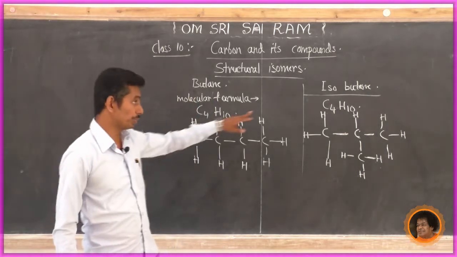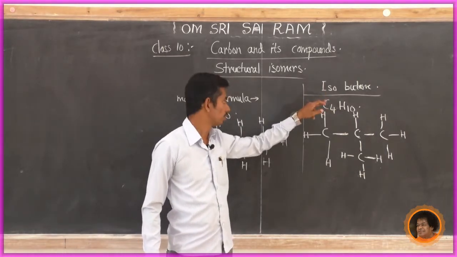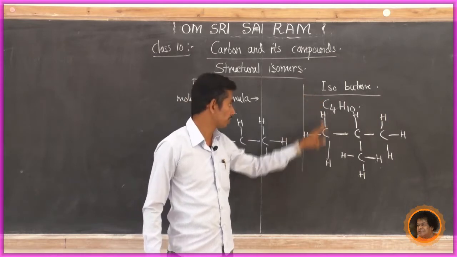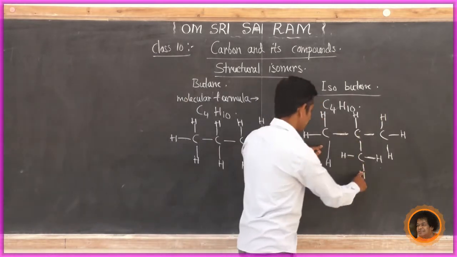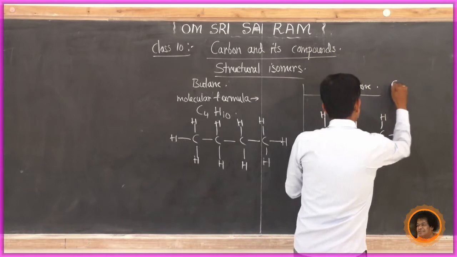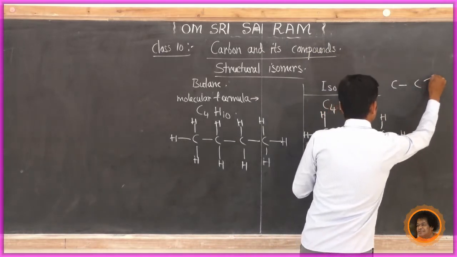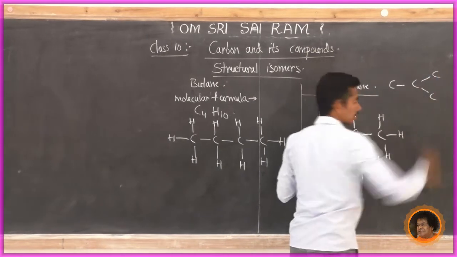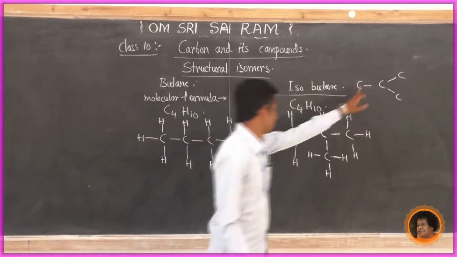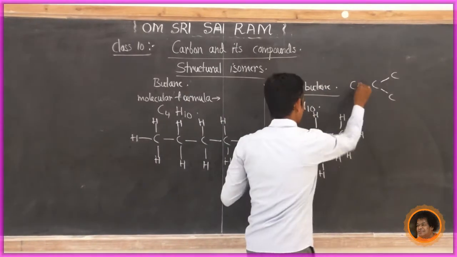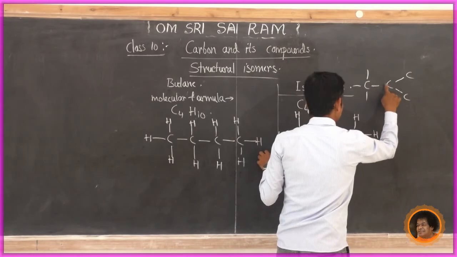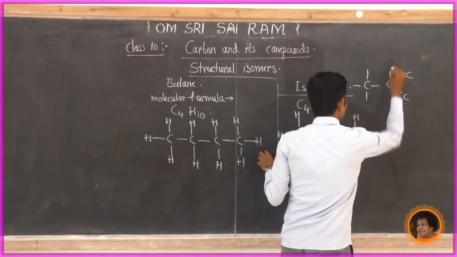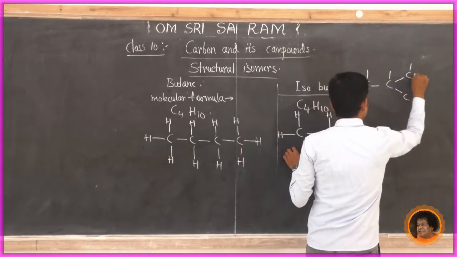Then, isobutane: just look at this. If you want to write the structure of isobutane, you have to write a branched chain. You need not only write it like this; this is also possible. 4 carbons: 1, 2, 3, 4. For this 1, 2, 3 and 4. For this carbon 1, 2, 3.